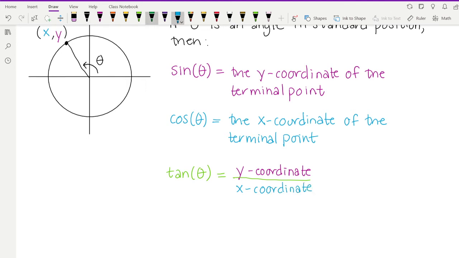Another way of thinking about that is that the y coordinate was equal to sine of theta, so it's basically doing sine of theta divided by cosine of theta. That will tell you the value of tangent of theta.